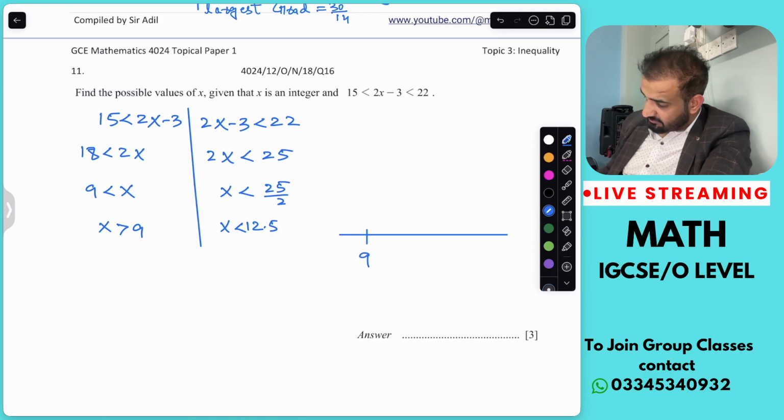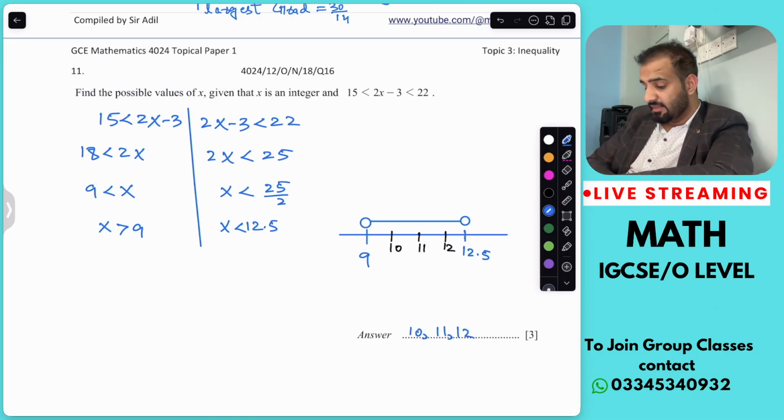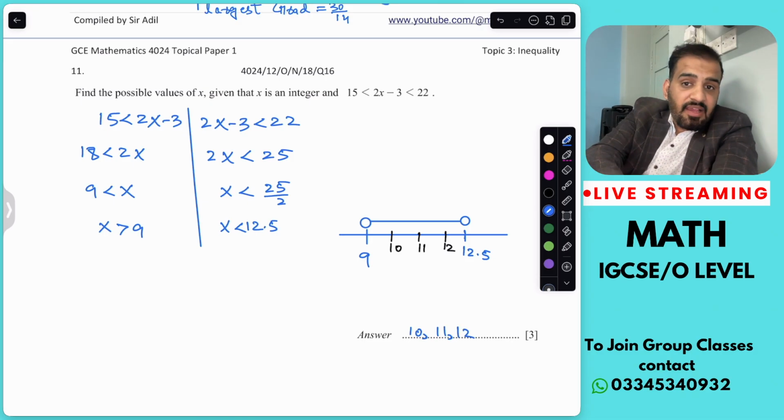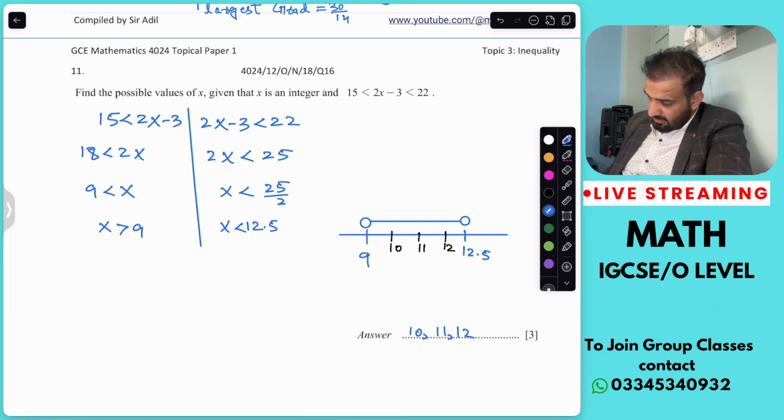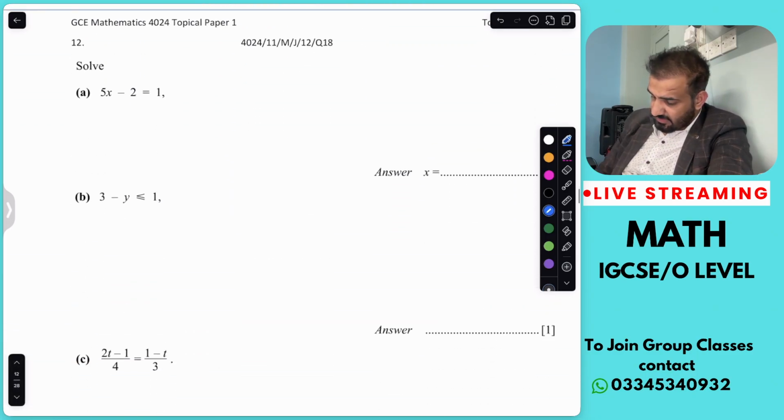So greater than 9, less than 12.5. So what are the integers between them? It is 10, it is 11, it is 12. So 10, 11, 12. These are all the possible integers that lie between 9 and 12.5. Question 12. It is so easy.